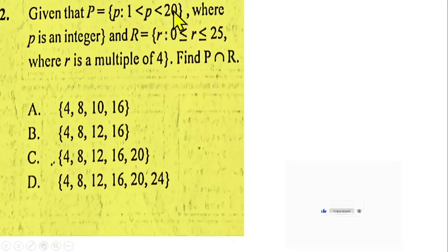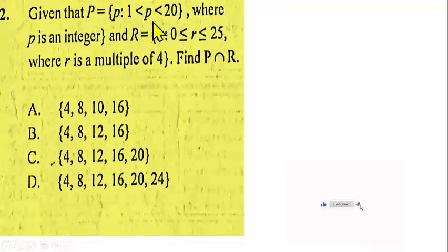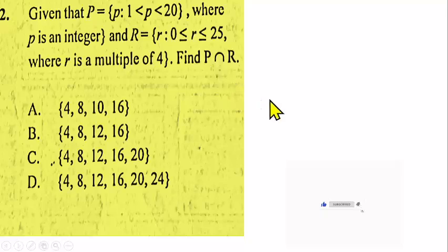So the first thing to do is that the sets P and R are both coded right now. They are in inequality form. You need to first of all list the elements of set P and set R. If you now know the elements of both, then that's when you can find the intersection between them.